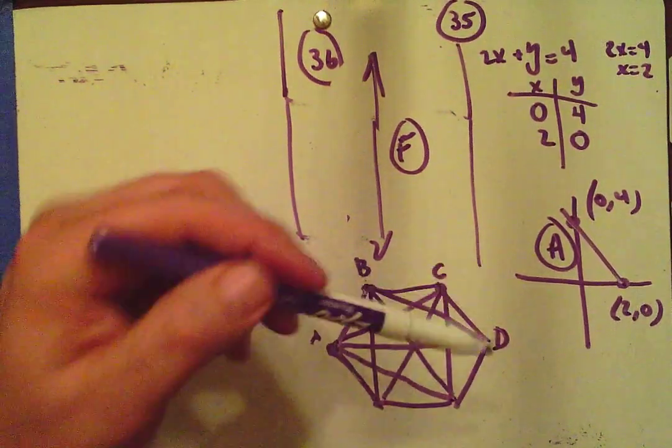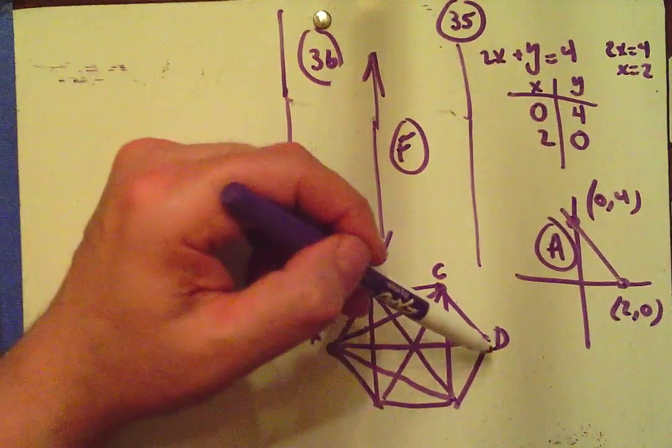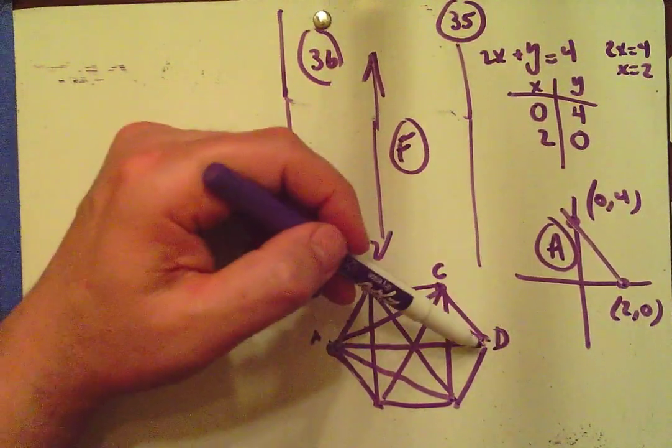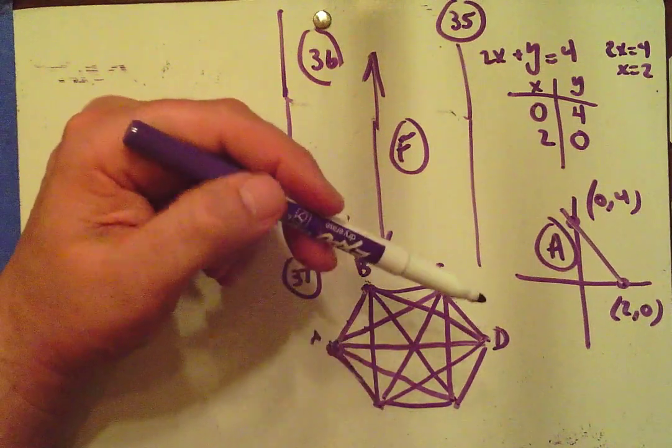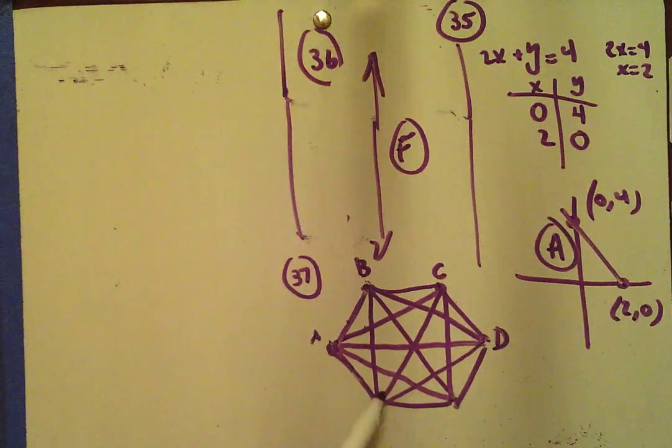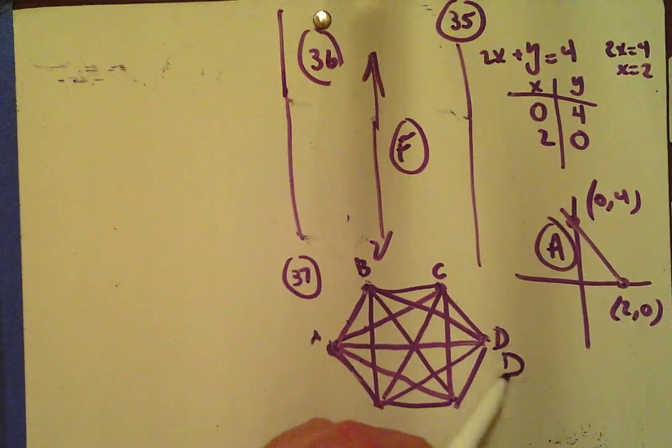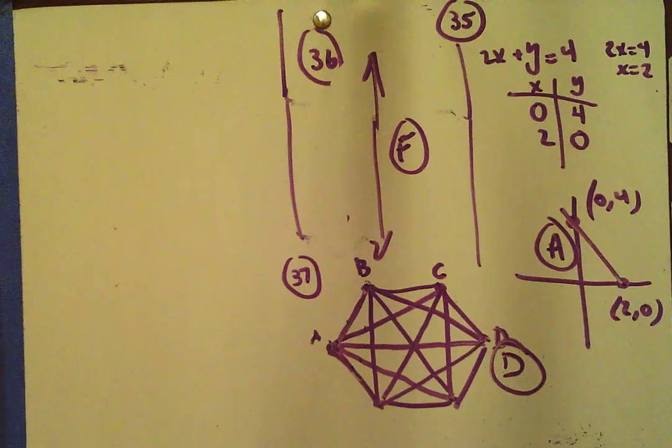And then when I come here, I've got the diagonal to B and the diagonal to A, so I just need to draw this one for 9. This one has 3 added, this one has 3 added, so I'm all done with 9 diagonals, which is why D is the answer to 37.